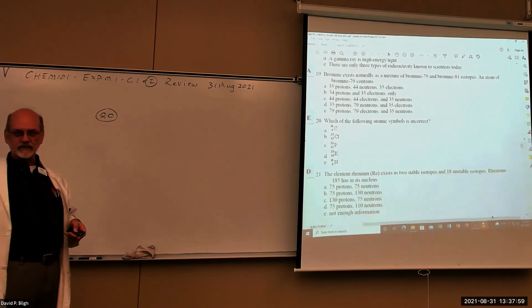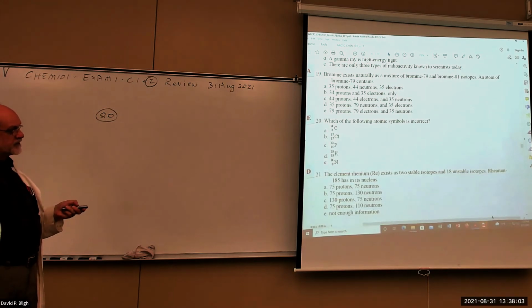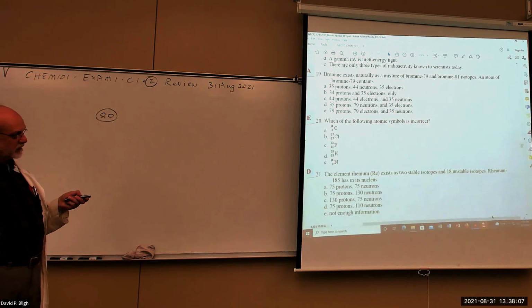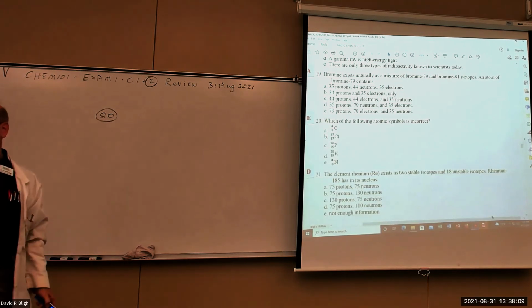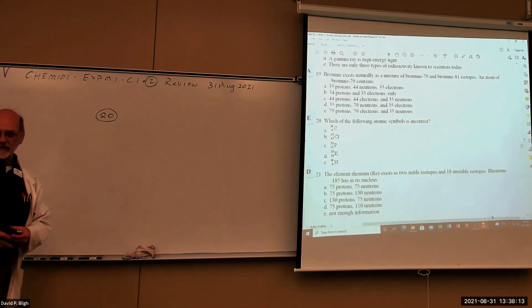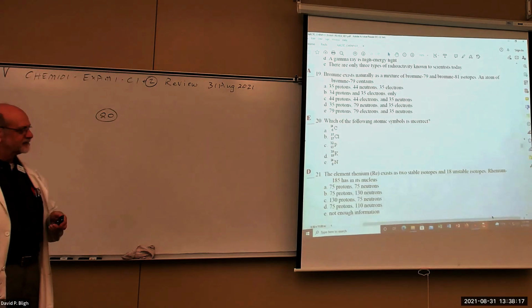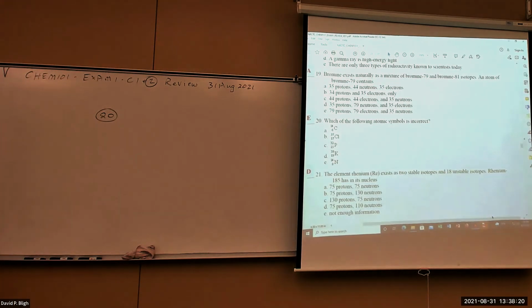They're joined at the hip. So that's why E is wrong. And it's important to read the question thoroughly. Incorrect. If you read too fast, this is not a speed reading contest. Pay attention to details. All right, that was 20.